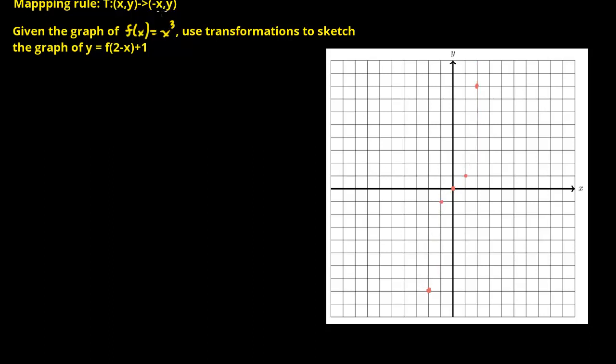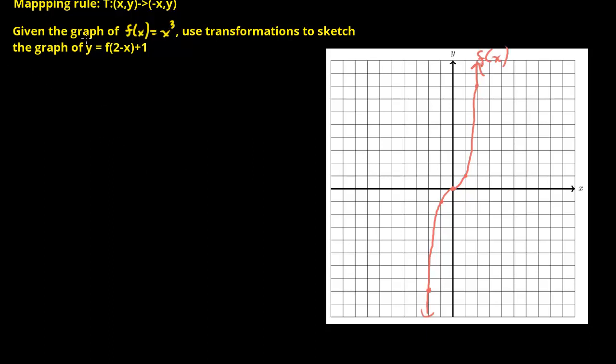Let's do this half first. There we go. That's pretty good. And then I can do this half of the function. Okay, so it should look something like that. So this is the graph of f of x.